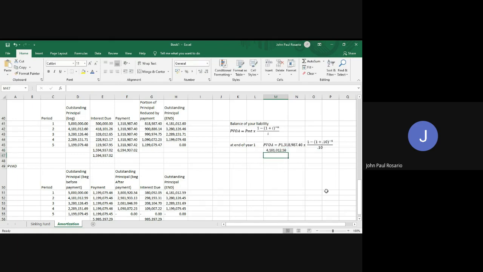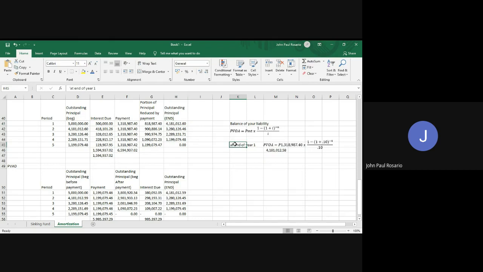As you can see here, guys, at the end of year 1, the balance of our liability should be 4,181,012.58. That's actually the same as if we hadn't rounded off our payments a while ago. But since we did, that's why there is some discrepancy.